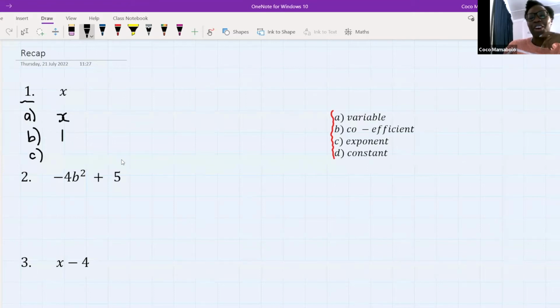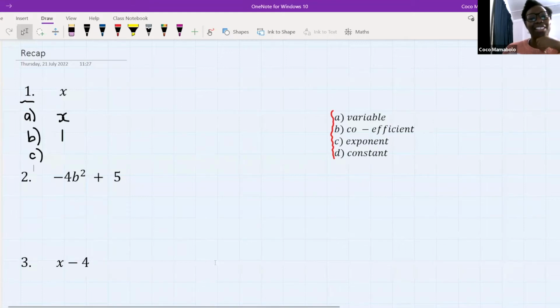What is the exponent of X? Oh, he might have forgotten. It's okay. Let's see if someone can help us. Nelisa, can you help? What was the exponent of X? Nelisa, can I ask you to unmute?